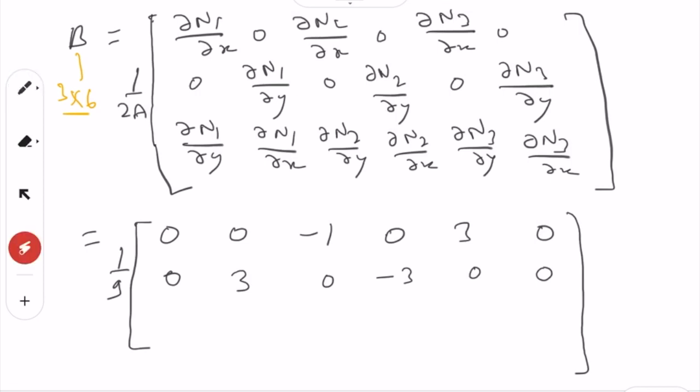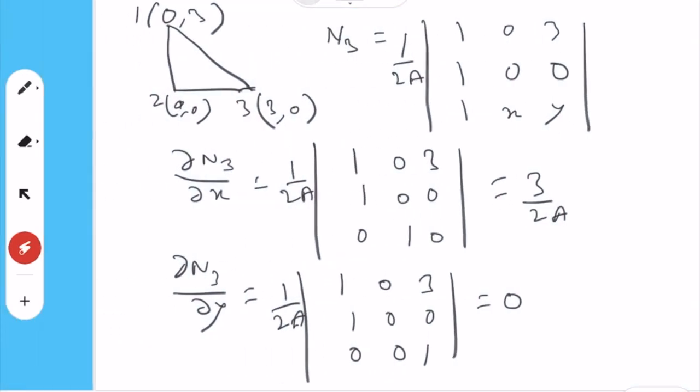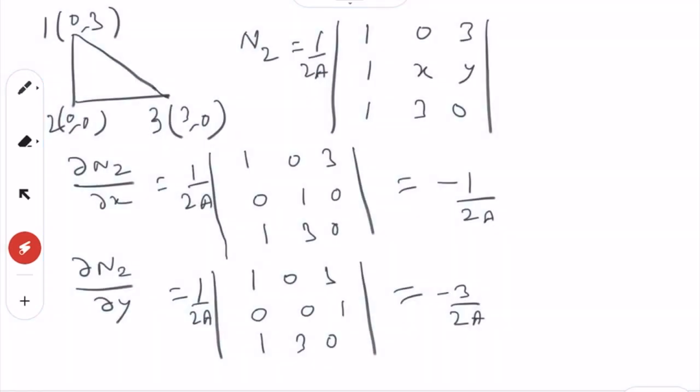So we will make sure this is correct. This is N2, so like this one, it will be 1 0 3, then the second will be 1 xy, then 1 3 0 del x, so this will be 1 0 3, 0 1 0, 1 3 0, and hence it will be 1.